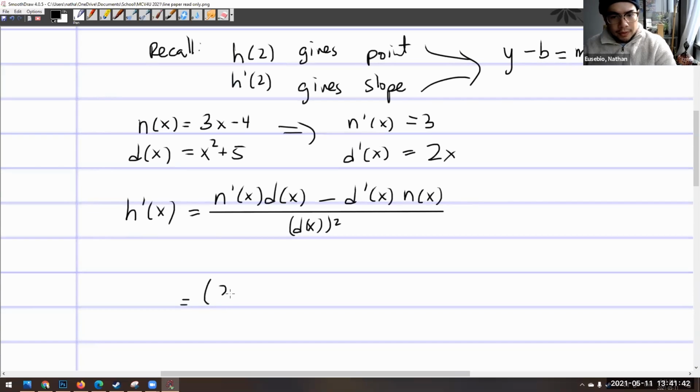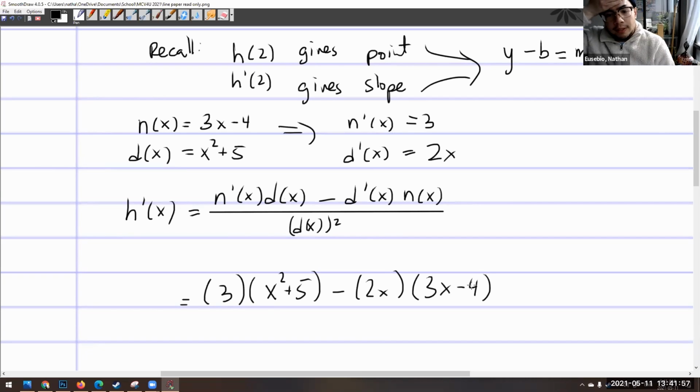So we have 3 times x squared plus 5 minus 2x times 3x minus 4. You end up with a similar scenario from product rule, right? If you arrange them correctly, you should see each one of these 4 things represented. So you double check that I didn't duplicate one of these things. My denominator will be different. It's x squared plus 5 all squared.